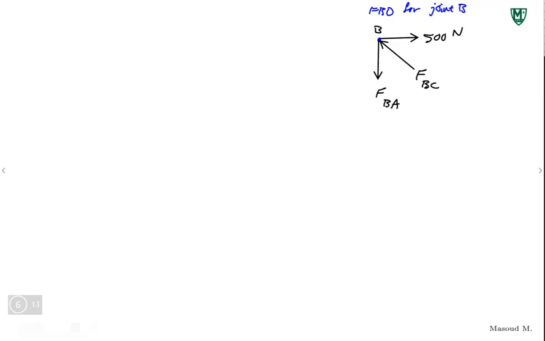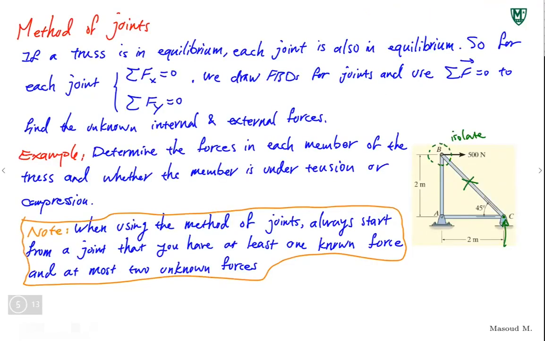Now, from here, the rest is just a free body diagram of a point in two-dimensional space. As long as you know the angles, well, this angle, what is this angle? Can someone tell me what this angle is? Theta. Would it be 45 too? It's 45, exactly, right?